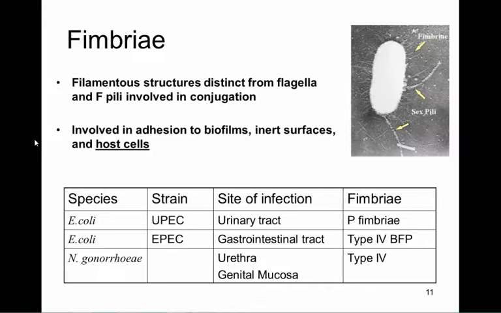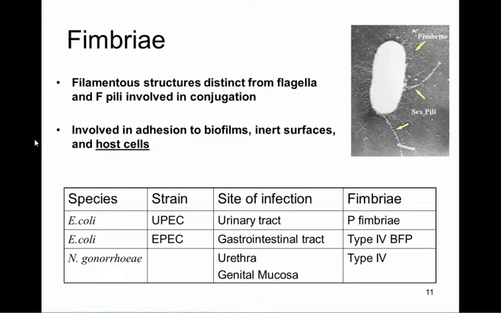Now, the uropathogenic Escherichia coli express a particular fimbrial adhesin that allows them to attach to the urethra. So any strain of E. coli that does not express this fimbrial adhesin cannot cause a urinary tract infection.